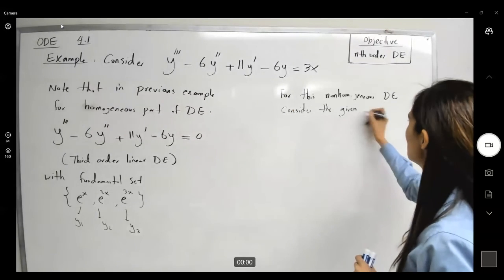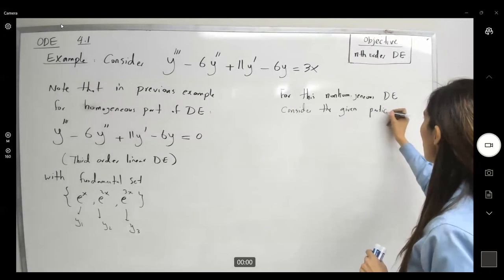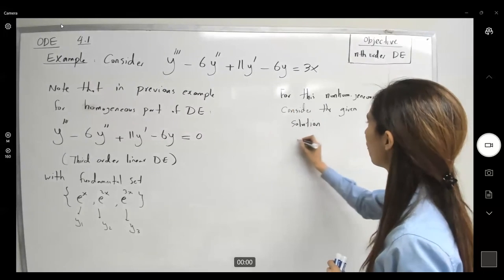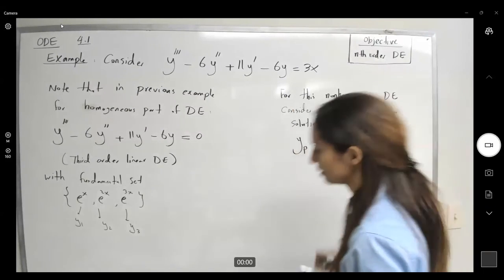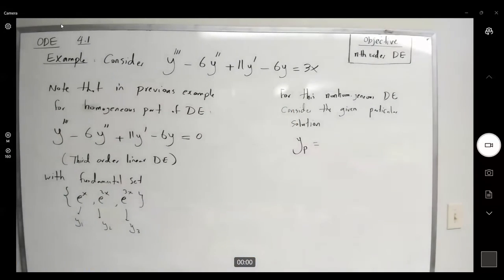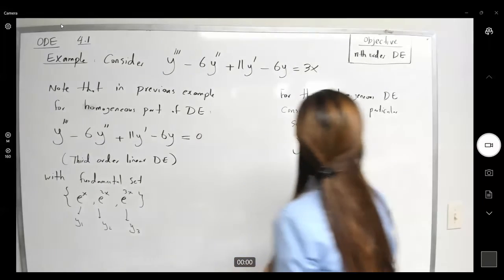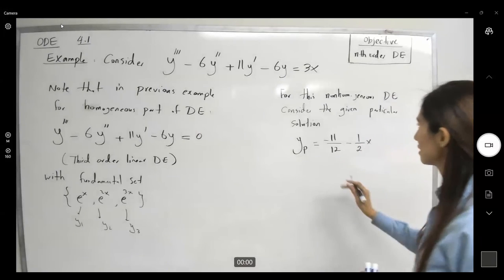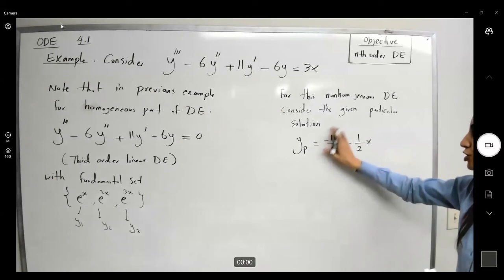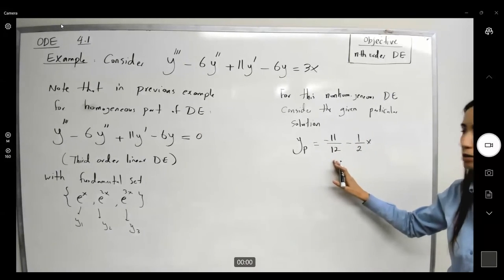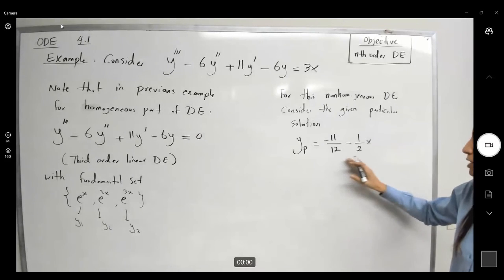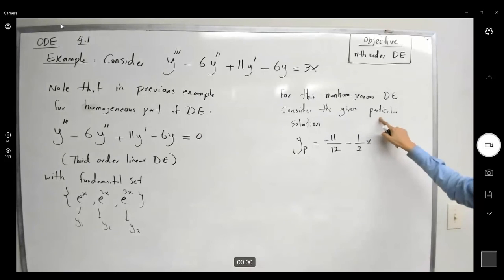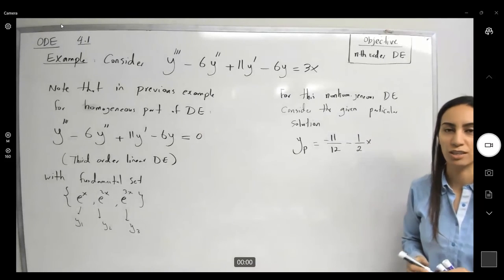Consider the given particular solution y sub p equals negative 11 over 12 minus a half x. This is a particular solution because it doesn't have any parameter. You don't have any C1, C2, or C3.